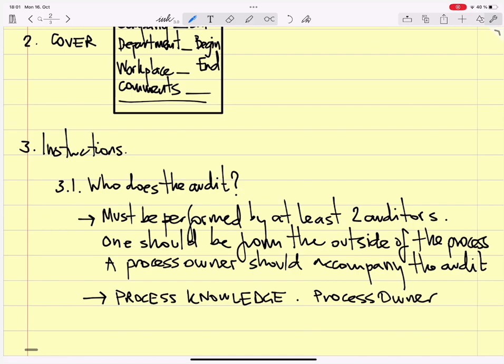And you need to have audit knowledge, which usually comes from the audit leader. Both are necessary because the audit is a specific process, not the process going on in the factory, right? So can you follow online? Yes. Good.